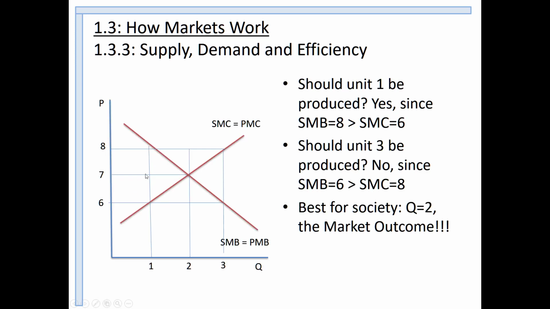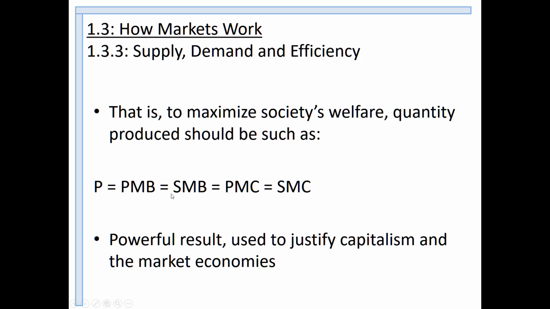So price 7 equals private marginal benefit equals private marginal cost. This is always the case. But to maximize society's welfare, it should also be true that price equals private marginal benefit equals social marginal benefit, which is equal to private marginal cost equals social marginal cost.